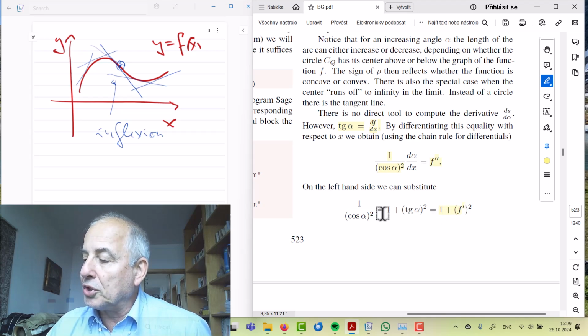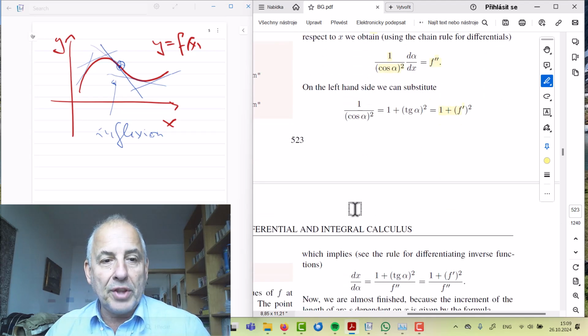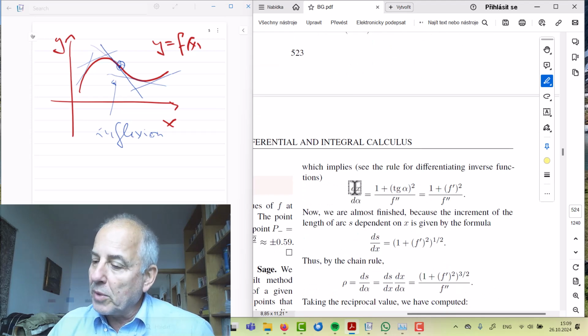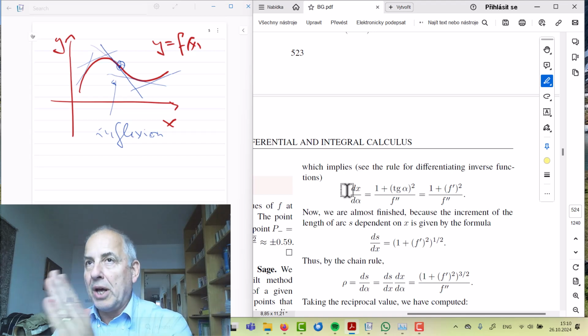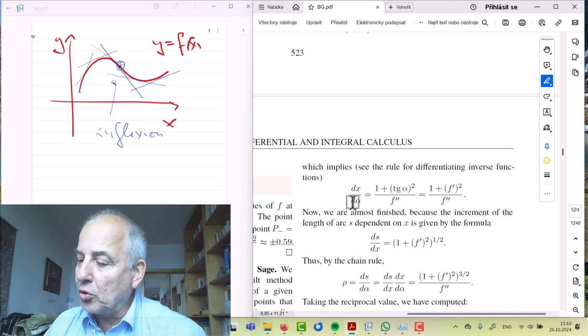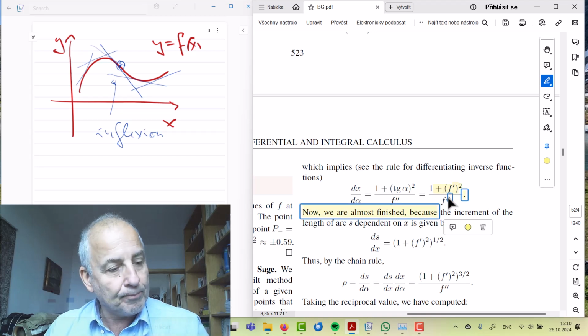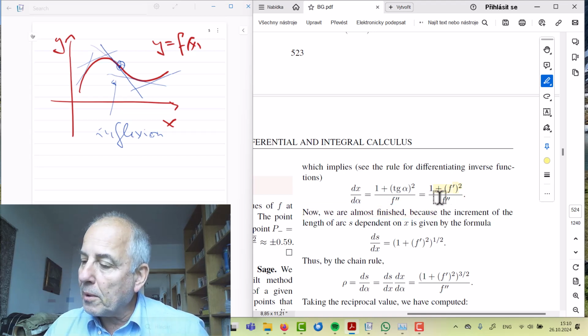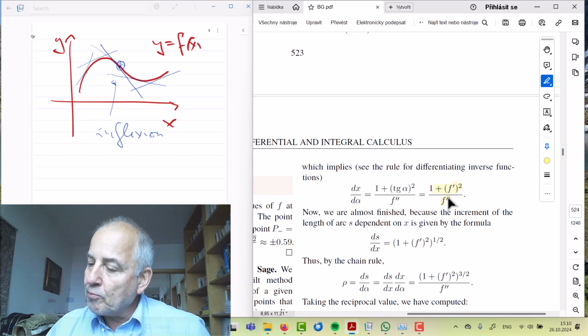So out of that we get that if we differentiate x, our variable, with respect to alpha, we get this thing.